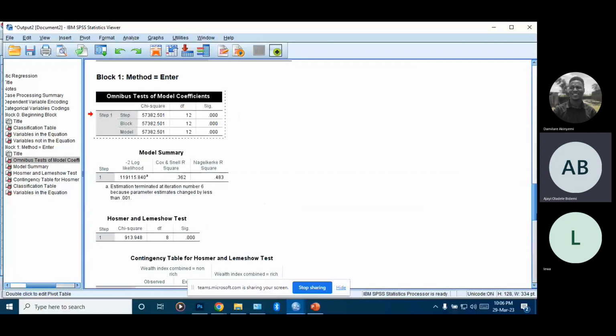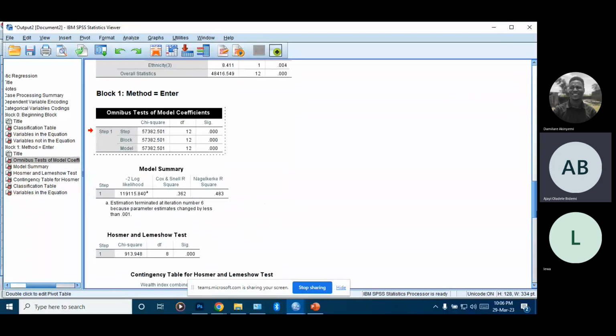So if you are going to be interpreting anything in your analysis, you start with the omnibus test of model coefficients. You state the hypothesis. H naught, the model is not adequate. H1, the model is adequate.